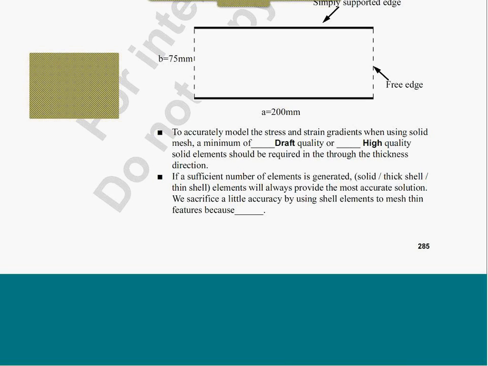So where accuracy in case of shell elements. I think for this, the best thing is the expression that we had, or the discussion that we had, in case of difference of results between thick shells and solids.